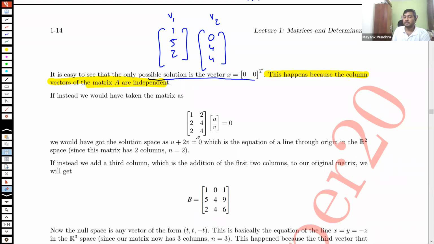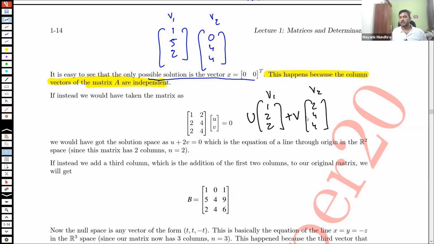Let's look at this matrix now. Now the v1 vector is 1, 2, 2, and the v2 vector is 2, 4, 4. So this Ax basically becomes u times v1 plus v times v2, and this should be equal to 0, 0.